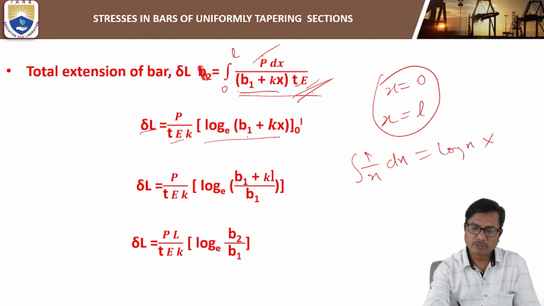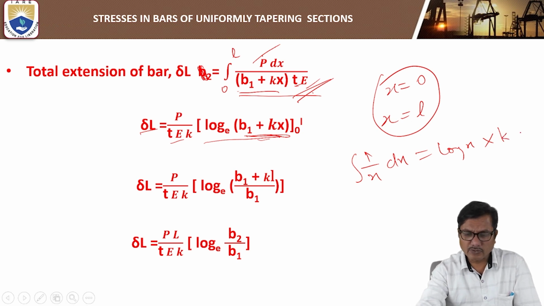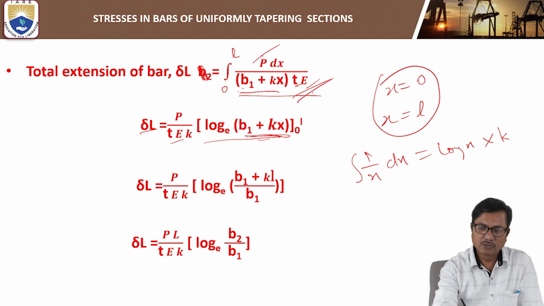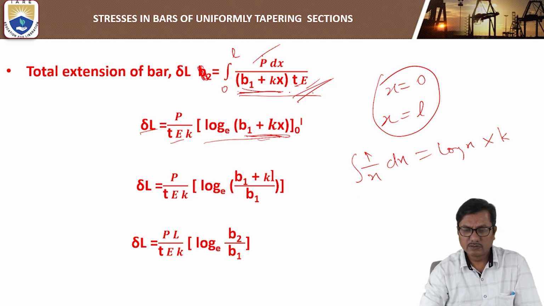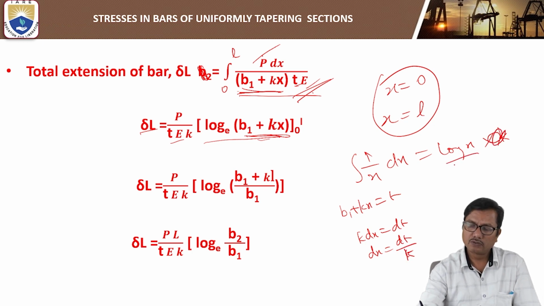In place of x we have b1 plus kx, so by replacing b1 plus kx as t, we have k dx equal to dt, so dx is equal to dt by k.